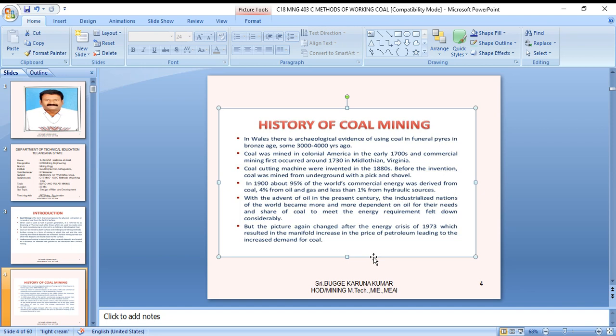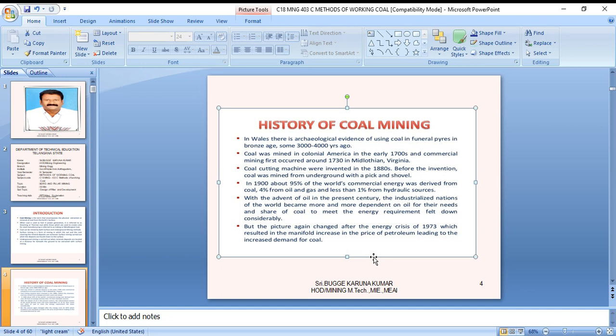Coal cutting machines were invented in the 1880s. Before that, coal was mined from underground with a pick and shovel. In 1900, 95% of the world's commercial energy was derived from coal, 4% from oil and gas, and less than 1% from hydraulic sources.